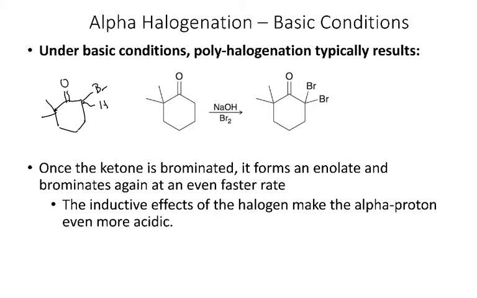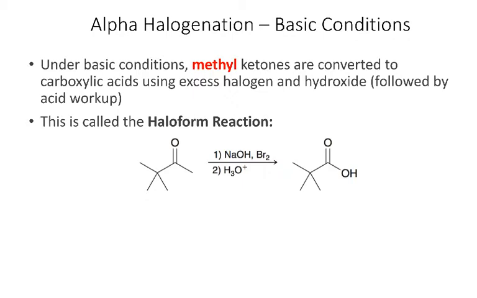That being said, if we have a particular type of ketone, we can take advantage of this reaction to get a significantly different result. And so specifically, if we have a methyl ketone and we do the alpha halogenation under basic conditions, we can convert our methyl ketone into a carboxylic acid. And depending on the synthesis project you're doing in Orgo 2, this was maybe the first step in your synthesis, where you converted acetophenone into benzoic acid.